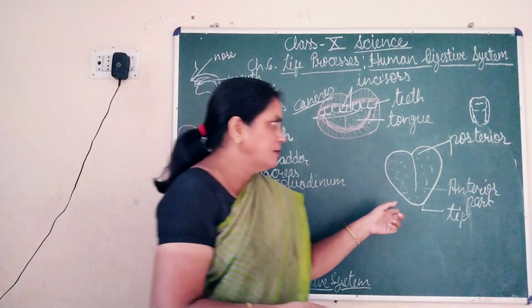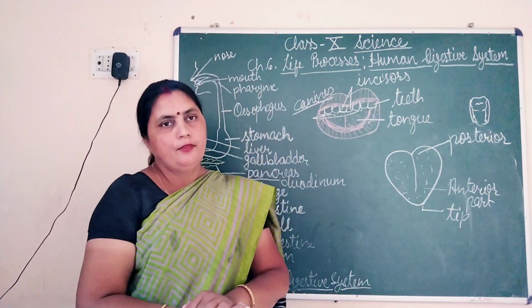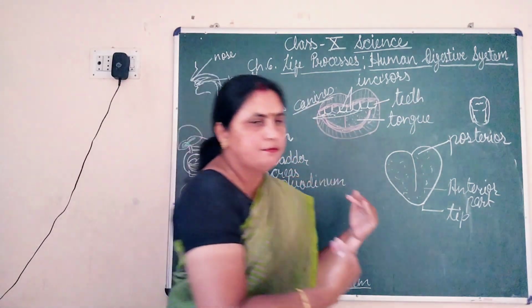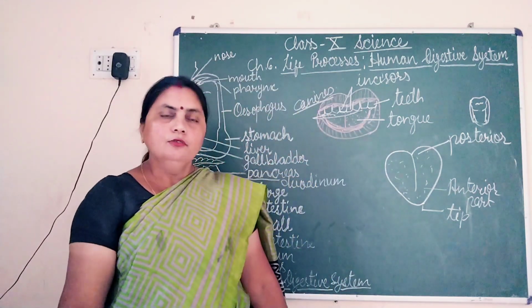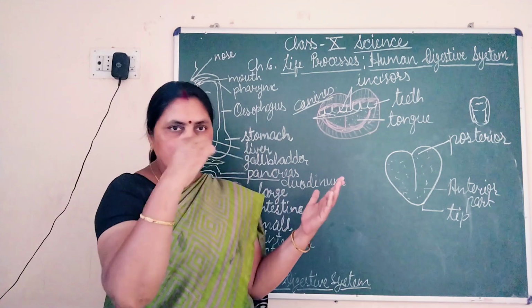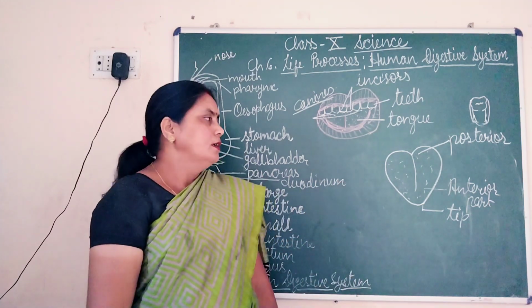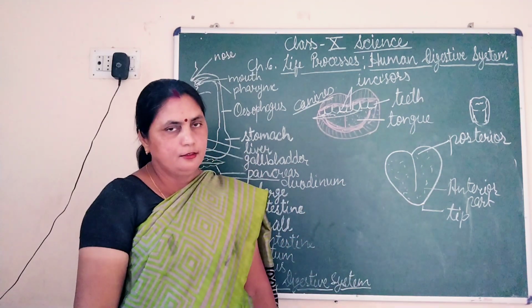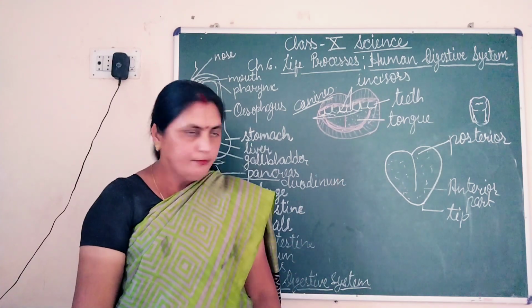So this work is done because of movement of the tongue. Tongue moves and it takes the food item in between the two rows of premolars and molars, for its guidance. So it helps in chewing.